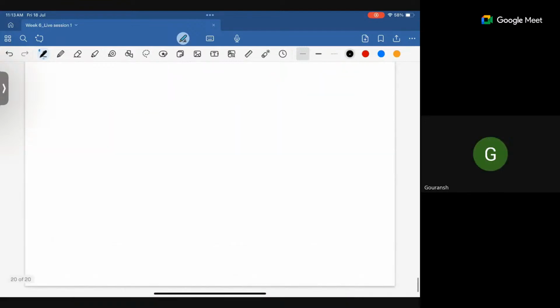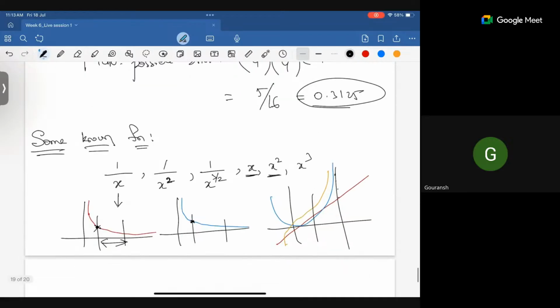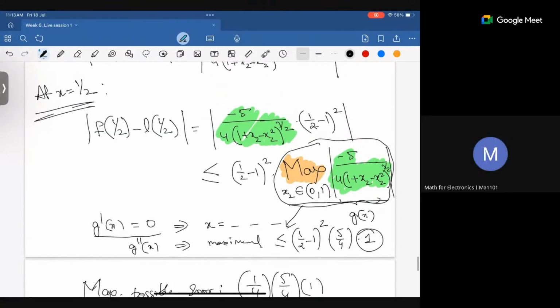That is what I wanted to convey here. Sir, for the maximum possible error we found a value, no? If the above function was 1 by x only, what would be the maximum possible value? That will shoot up to infinity, no? At 0, it is going to infinity, right? Yes, so the maximum possible error will go to infinity.